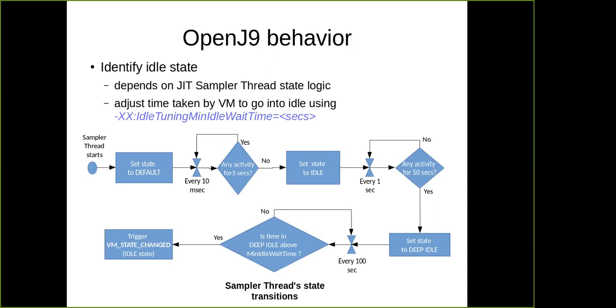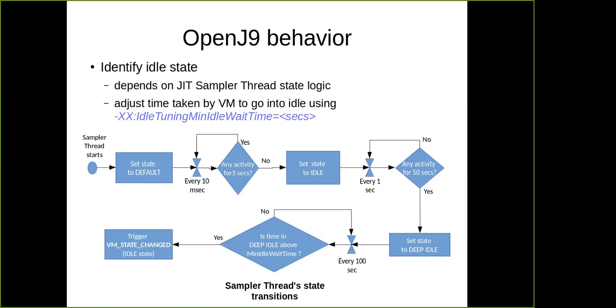It collects some statistics related to CPU consumption, memory, class loading state, and JIT state. Along with that, it also determines whether there are any active threads or not, and based on the active threads, it changes its state.